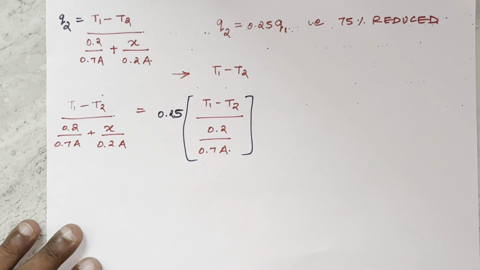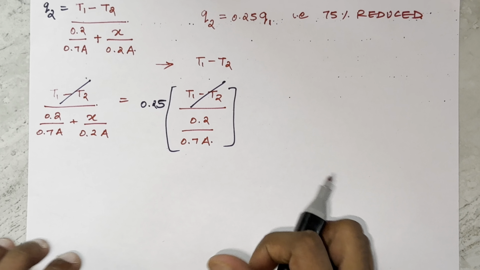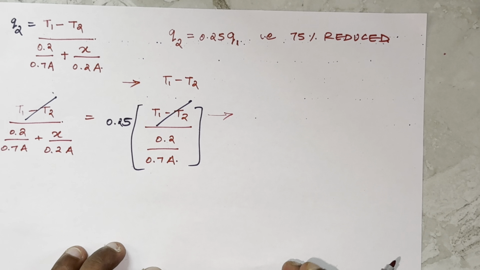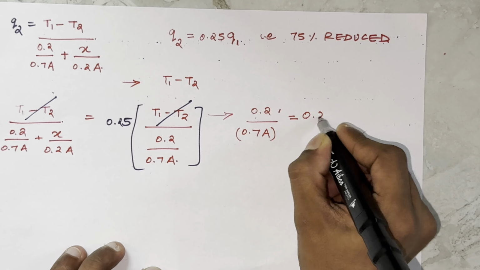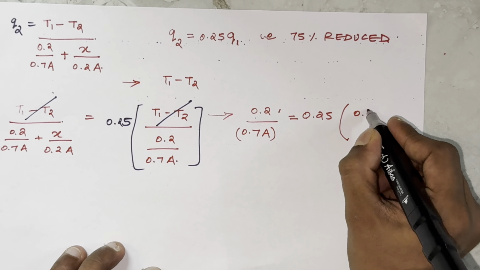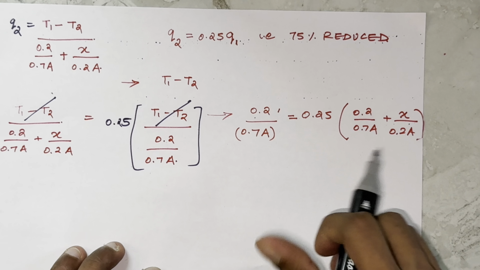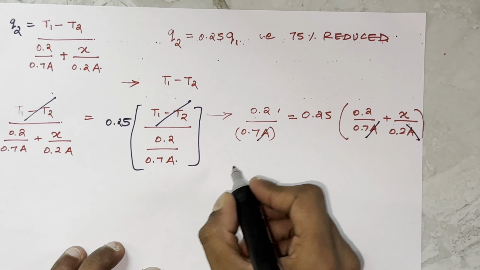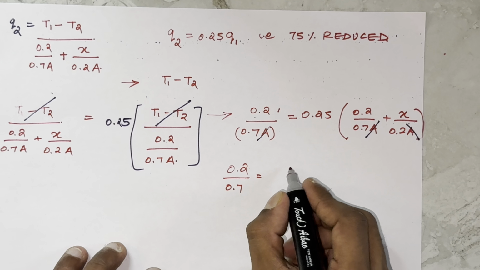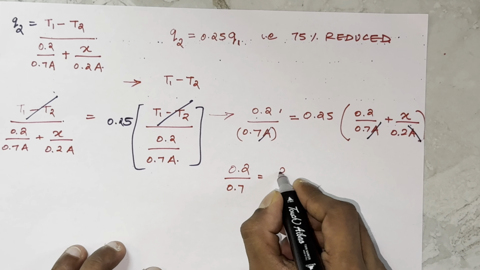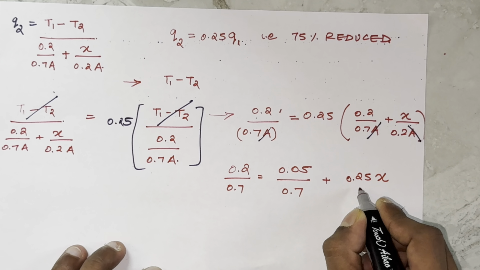If I solve this, we can eliminate T1 minus T2 from both sides, and if we cross multiply and simplify, we get 0.2 over 0.7 A multiplied with 0.25 into 0.2 over 0.7 A plus x over 0.2 A. We can eliminate A from both sides, and we get 0.2 over 0.7 is equal to 0.25 into 0.2, that is 0.05, over 0.7 plus 0.25 x over 0.2.